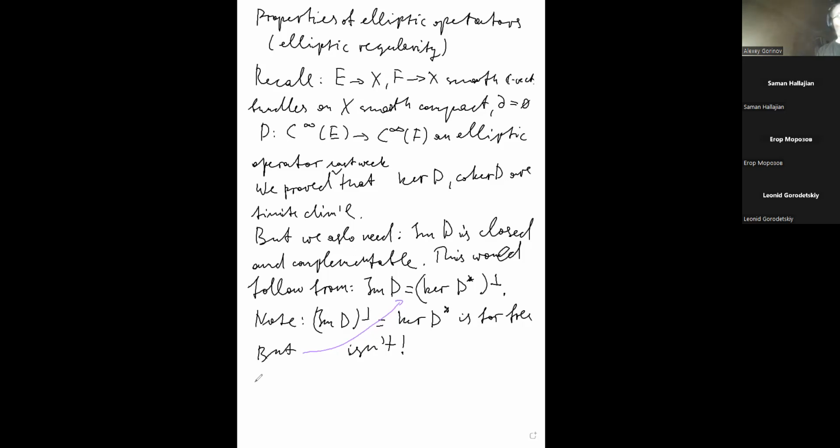Okay. Well, let's prove a proposition. Suppose I have a psi, a smooth section of F, such that psi is orthogonal to the kernel of D star.